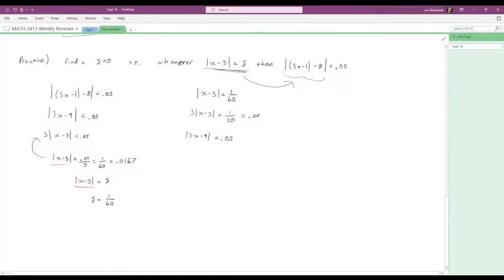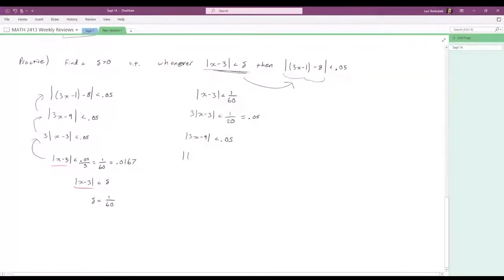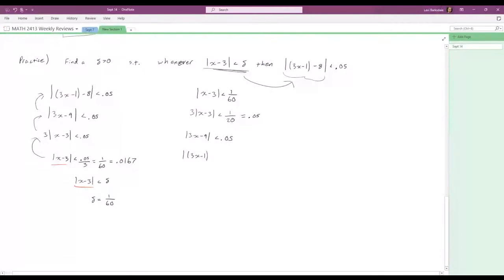And the first thing I did, the last thing I'll do when working backwards, was combine my minus 1 and minus 8, so now I'll split those apart. That gives me |3x minus 1 minus 8| is smaller than 0.05. Because we started out with |x minus 3| smaller than delta, and we got |3x minus 1 minus 8| smaller than epsilon, we know that we have the right limit.